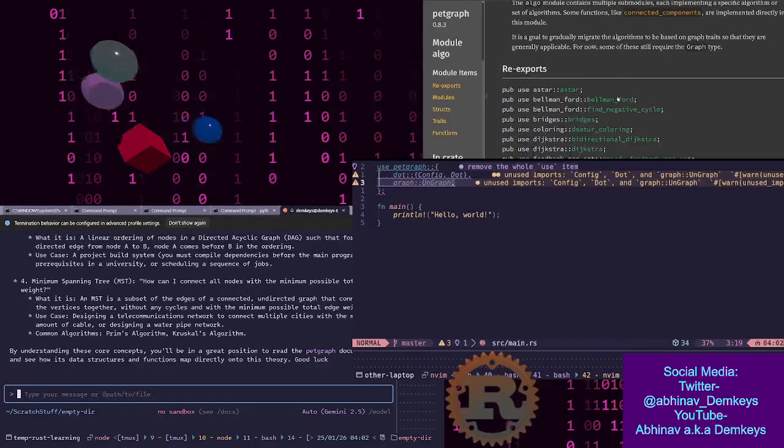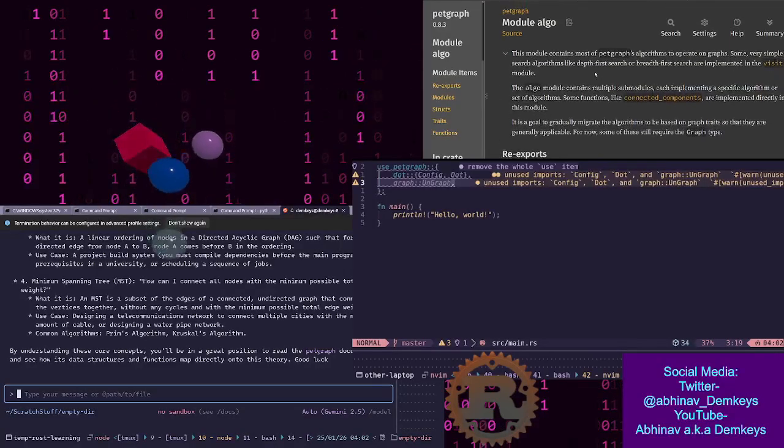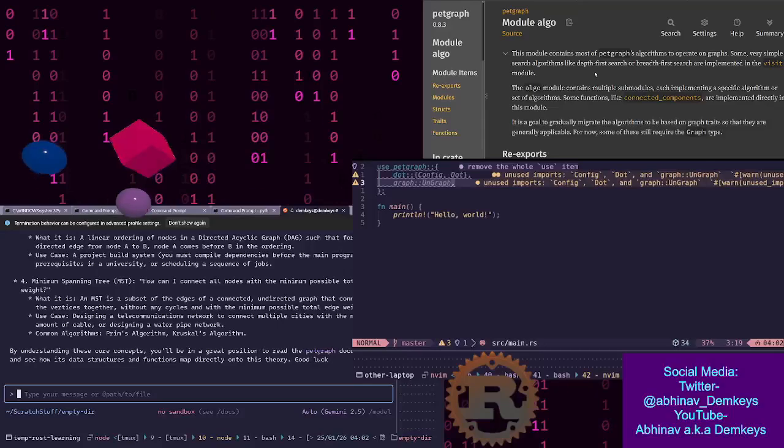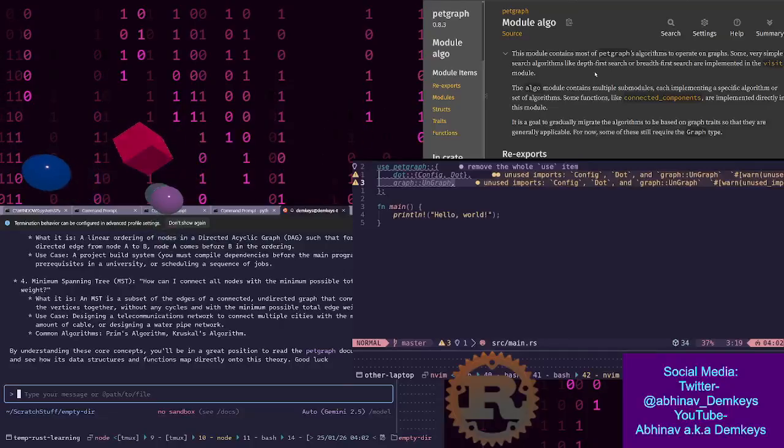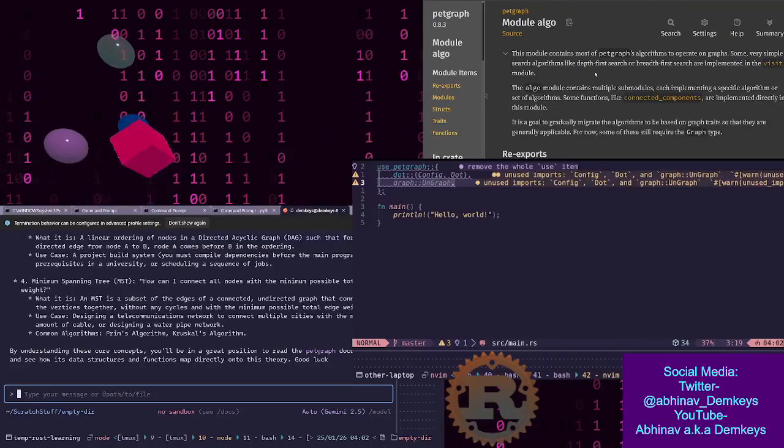Okay, so this is the algo module. This module contains most of petgraph's algorithms to operate on graphs. Some very simple search algorithms like DFS or BFS are implemented in the visit module. Oh, that's interesting. Okay, so that's what visit is for.